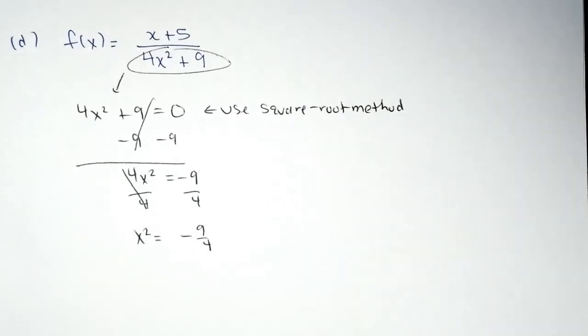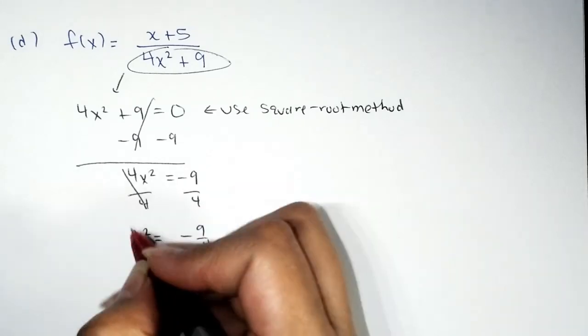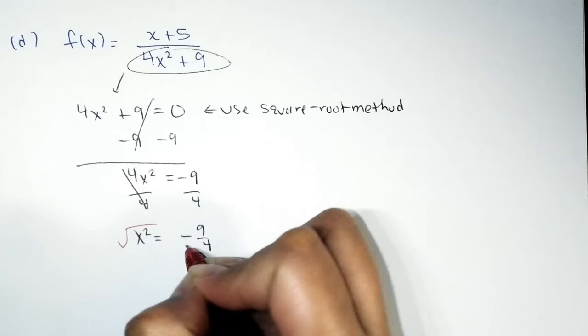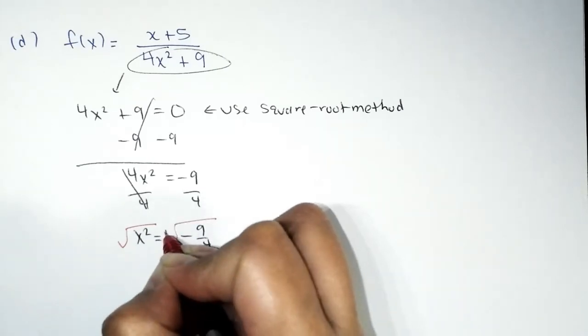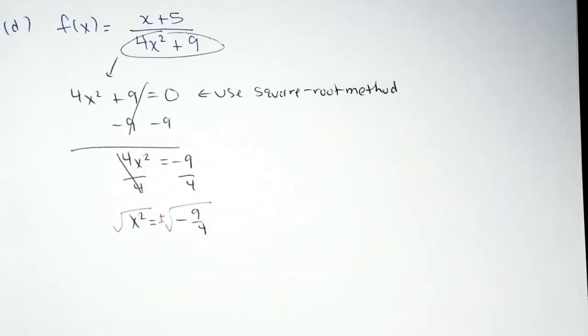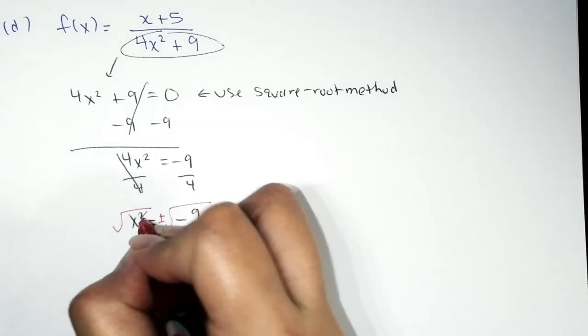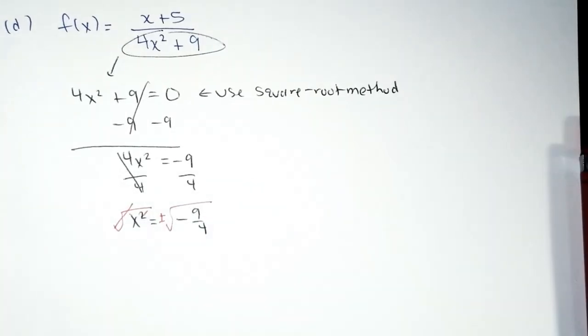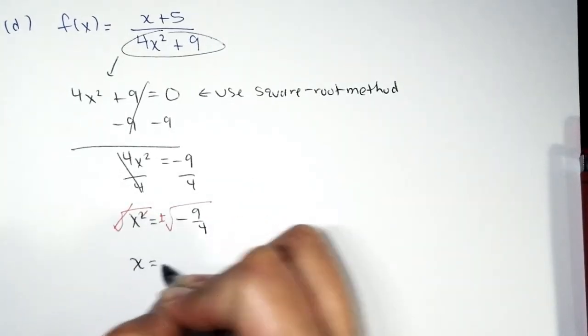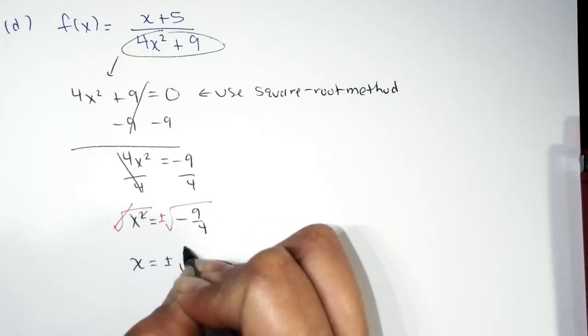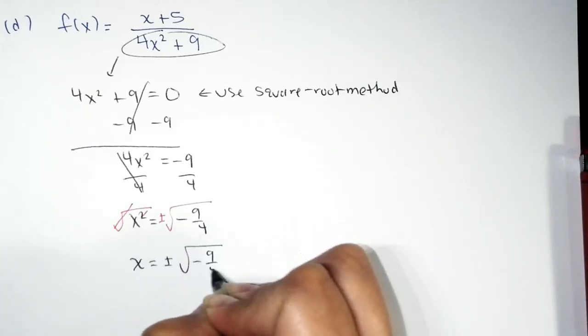We want to isolate the x, so to get rid of the square, we're going to do the inverse operation. The inverse operation of squaring is square rooting. So let's square root both sides and then insert our plus or minus. On the left side, the square and the square root undo each other, and that leaves us with x equals positive or negative the square root of negative 9/4.